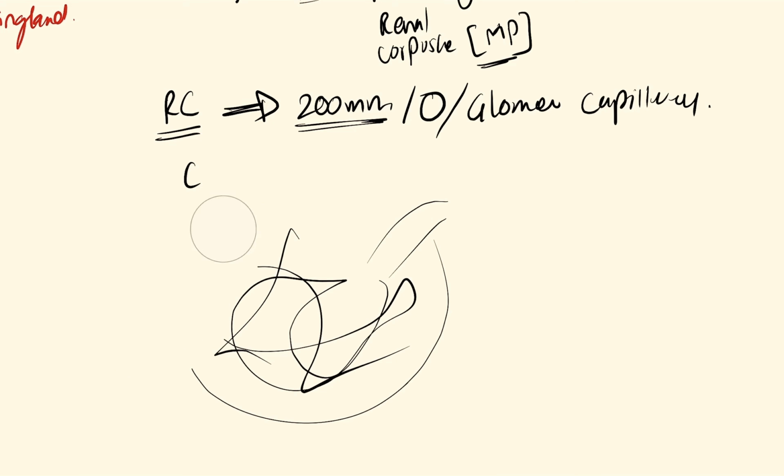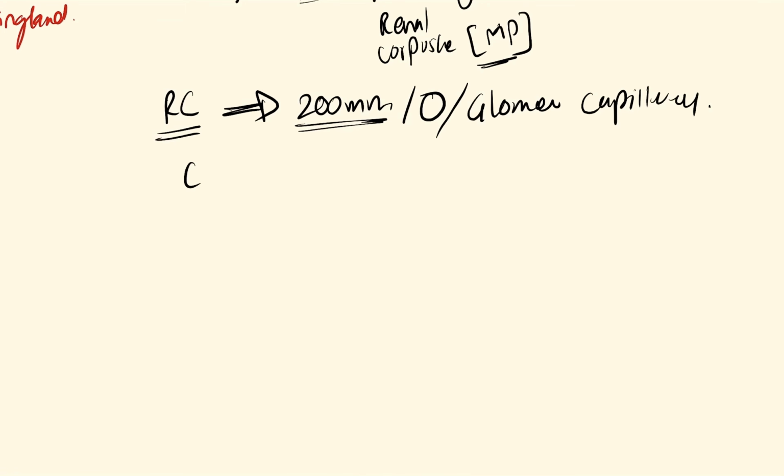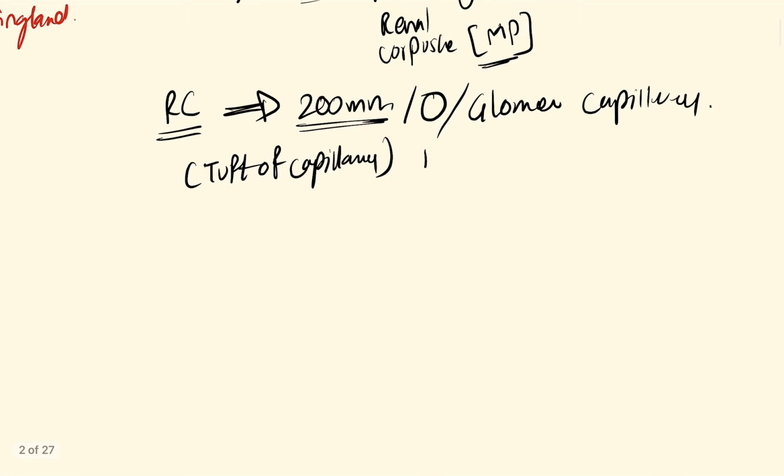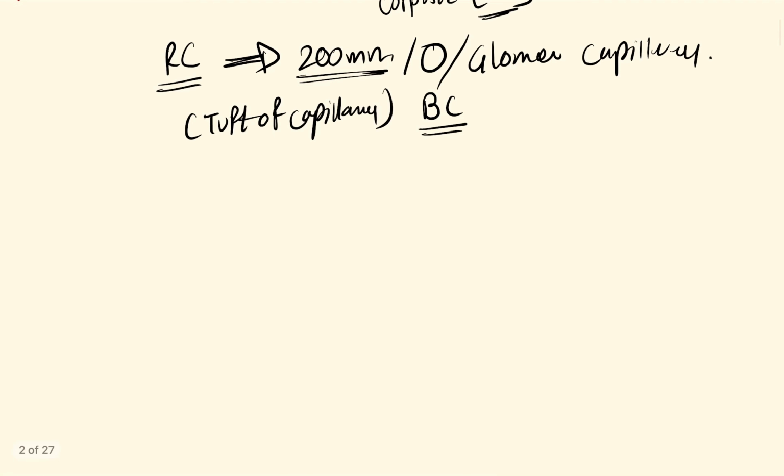This whole thing is called a tuft of capillaries, and it is surrounded by Bowman's capsule. These tufts of capillaries are also called the glomerulus.